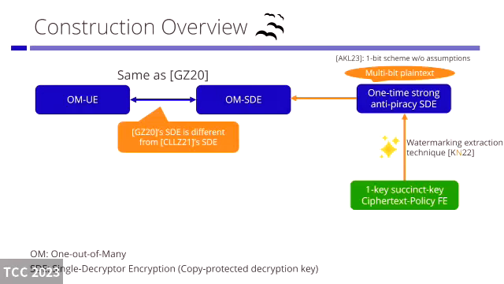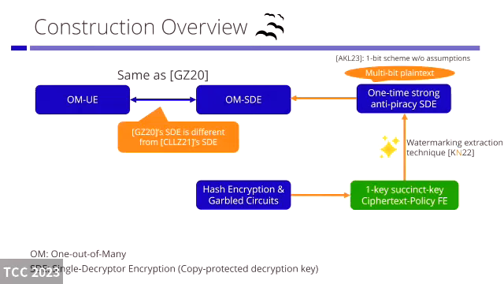Although Ananth, Karaoglu, and Liu presented one-time single decryptor encryption without any assumptions, it only supports a single-bit plaintext. Note that we cannot use standard parallel repetition and hybrid arguments in the unclonable setting, so we don't know how to expand the plaintext space in our setting.